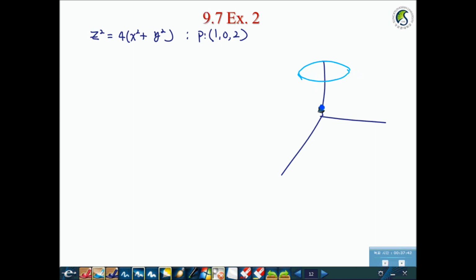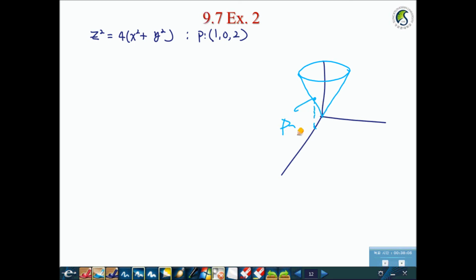Its shape is this cone. Point P is x equals 1, y is 0, and z is 2. So let's say this is P.